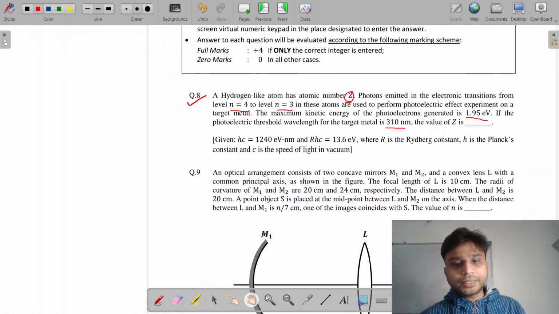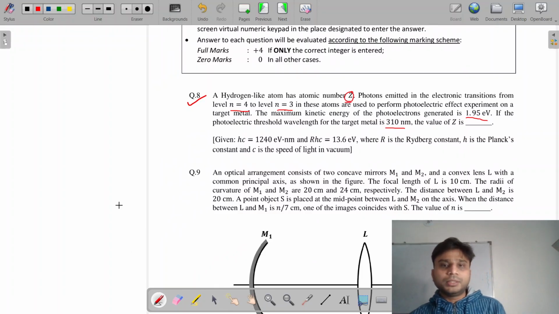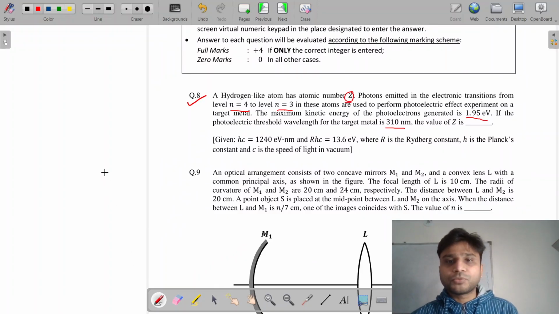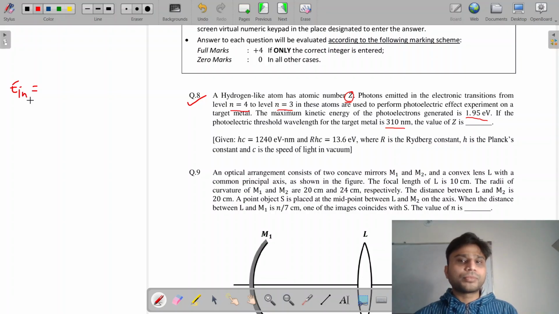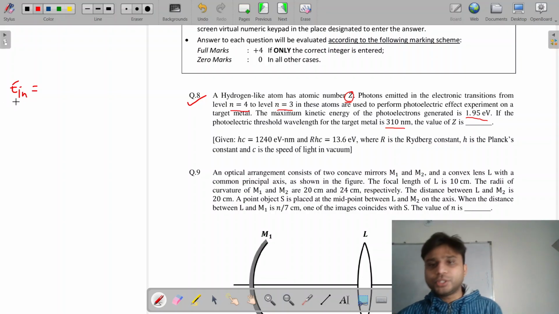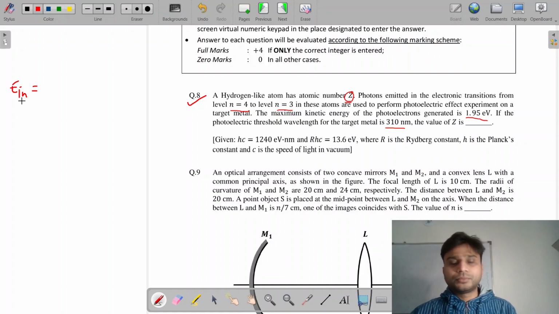So it sounds like a reasonable question. We want to calculate first the energy of the incident photons which eject the photoelectrons.